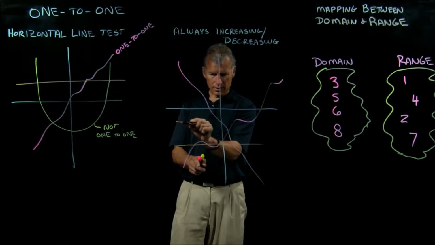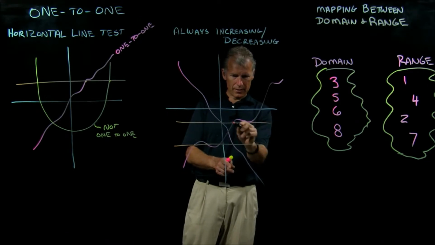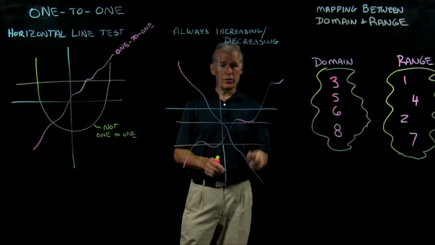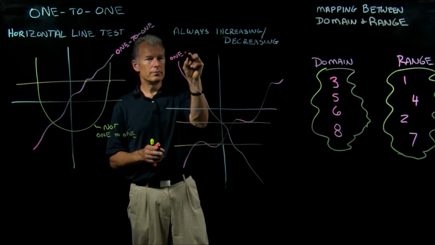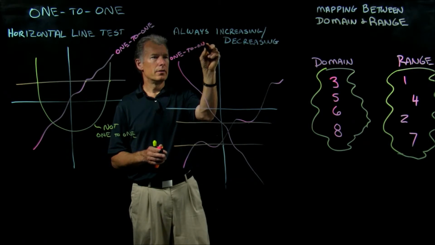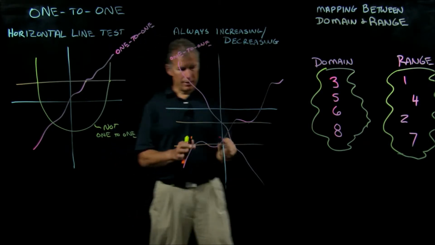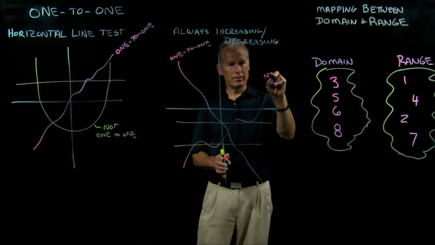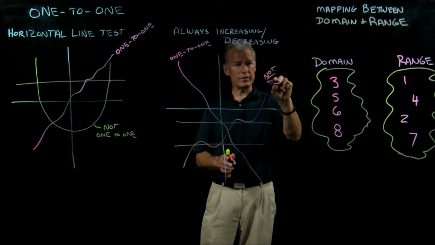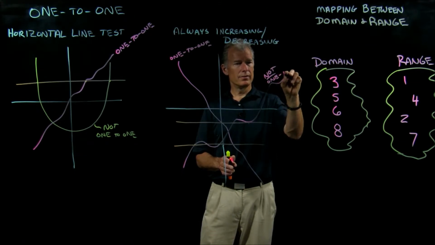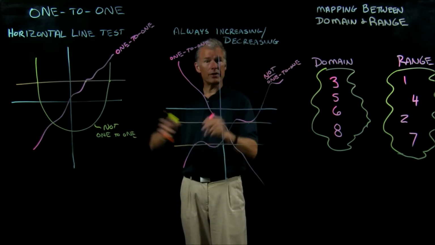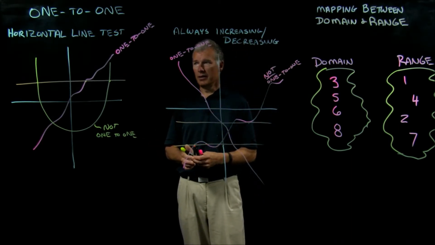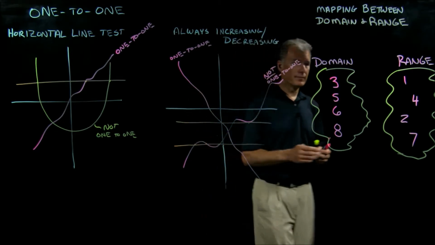See another horizontal line right here, we cross multiple times. So this one here is one-to-one because it's always decreasing. This one here is not one-to-one because it's not always increasing. So again, if you're looking at the graphs, it's pretty quick and easy to decide if what we have is one-to-one.